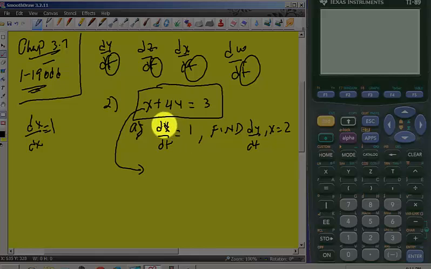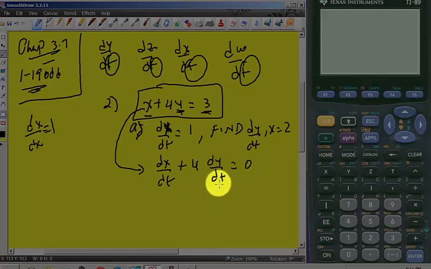We're going to take the derivative of x with respect to t. So when I take the derivative of that, I'm going to get dx/dt. That's the derivative of x, plus 4 is just a coefficient, and the derivative of y is dy/dt. And of course, as always, the derivative of a constant is 0.